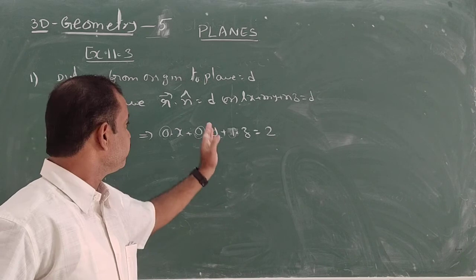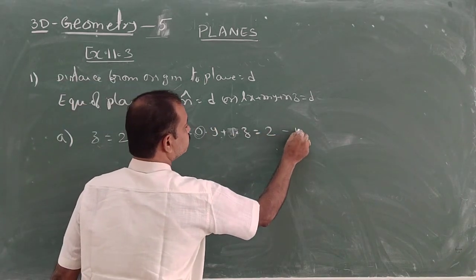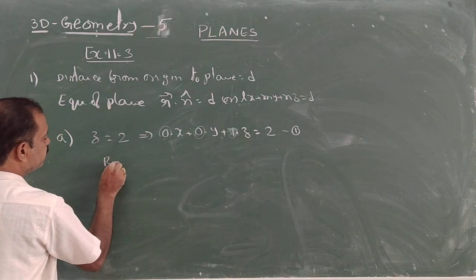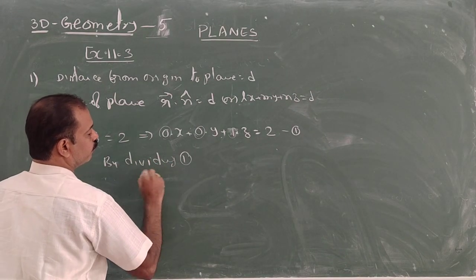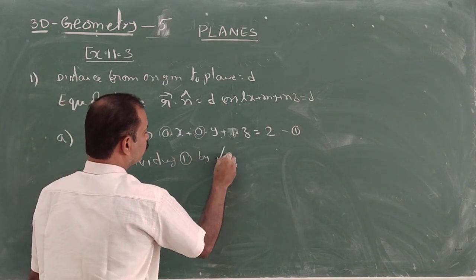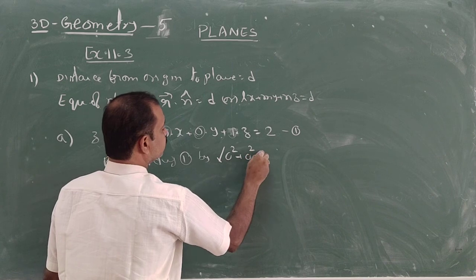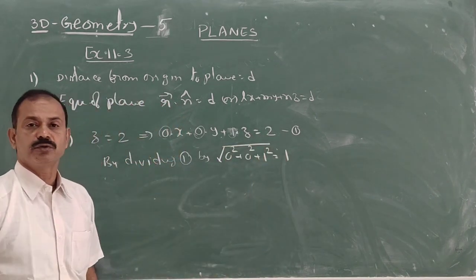What we do? Divide by 1, that is the square root of 0 square plus 0 square plus 1 square, which is nothing but 1.